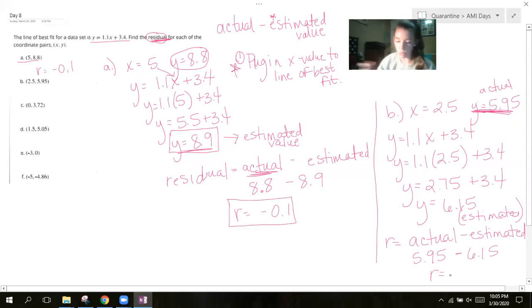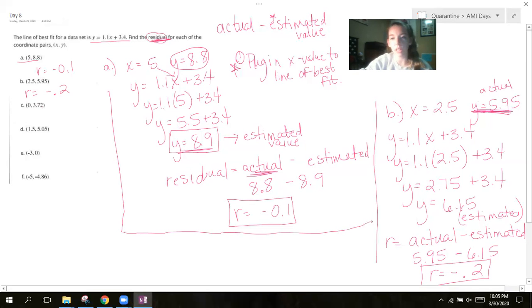So our residual will be negative 0.2. All right, I'm actually going to go ahead and work one more out for y'all, and then y'all can do the last three on your own.